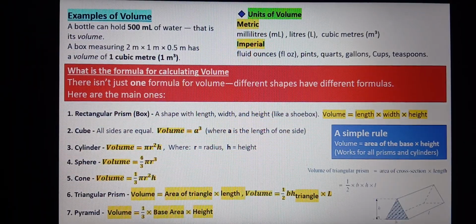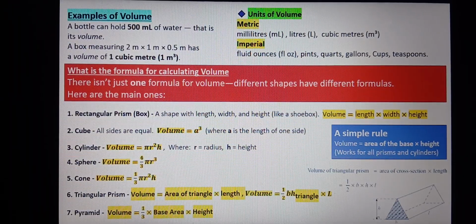But the most common one would probably be number 1. The rectangular prism box shape, and that formula basically is volume is equal to the length times the width times the height, and that is a simple rule, and it also works for all prisms and cylinders.